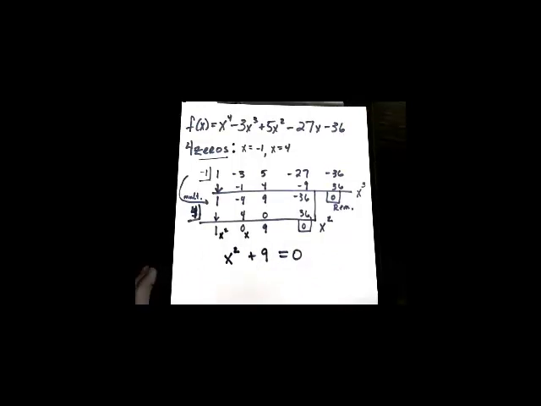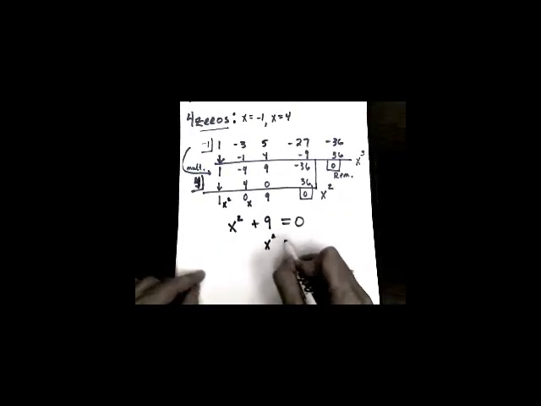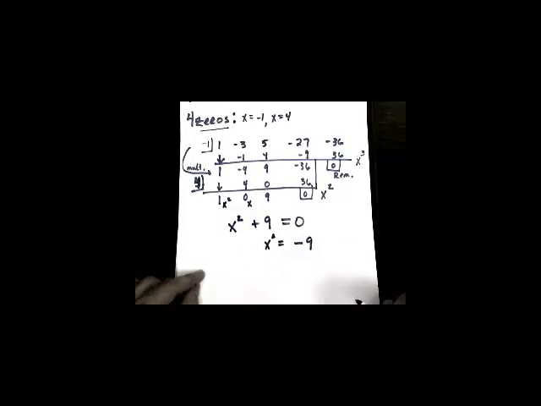So the problem now we have to work with is x squared plus 9 equals 0. Once you get to a second degree, set it equal to 0 and solve. And on this one, because we've got a square and a constant, we want to use the square root method. So I'm going to start by moving the 9 over. It becomes -9.